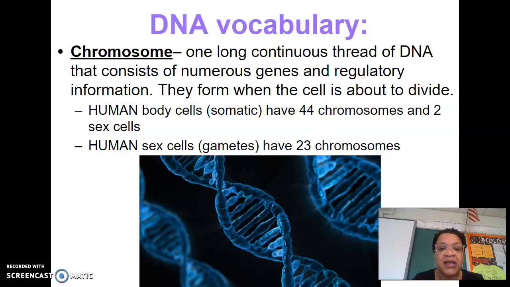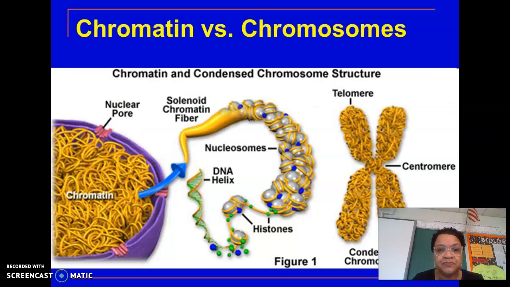The human body cells, they call them somatic cells. We have 44 somatic chromosomes and 2 sex chromosomes. That gives us a total of 46 chromosomes. 44 for the body and 2 determines your sex. And the sex cells have half the number of chromosomes, 23.